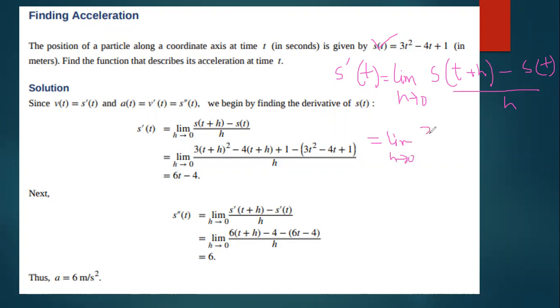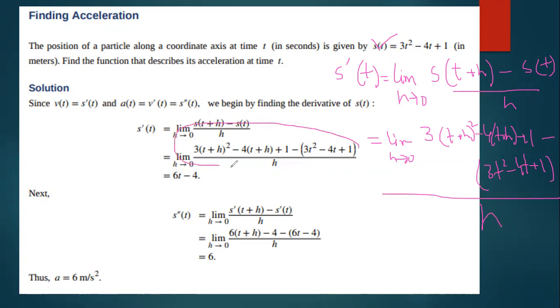So s(t) is 3t squared, so it will be (t + h) whole squared minus 4 of (t + h) plus 1, minus of 3t squared minus 4t plus 1, whole divided by h.